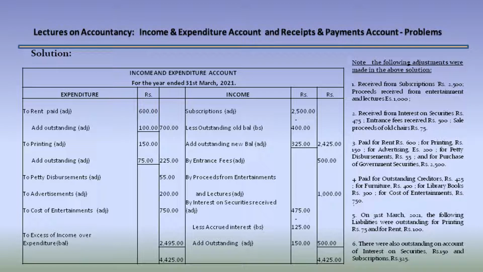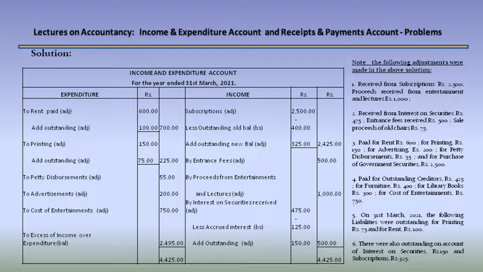On the income side, subscriptions from the adjustment side 2,500, less outstanding old balance 400 rupees, add outstanding new balance 325, total 2,425 in the outer column. By entrance fees 500 rupees. The proceeds from entertainment and lectures 1,000 rupees.